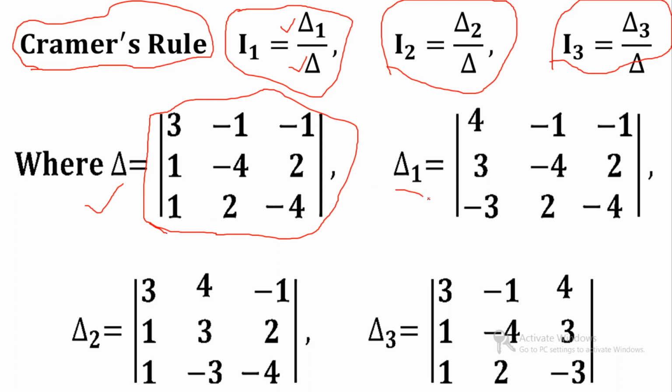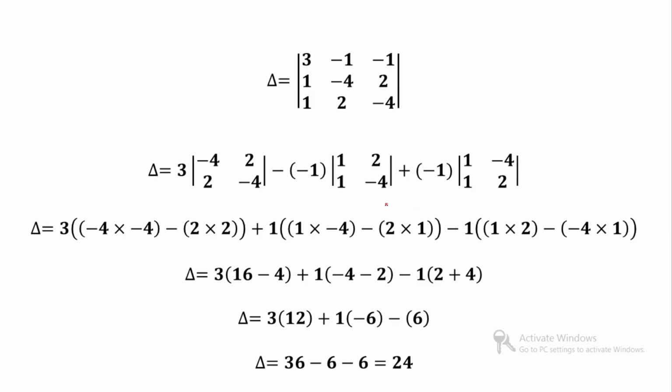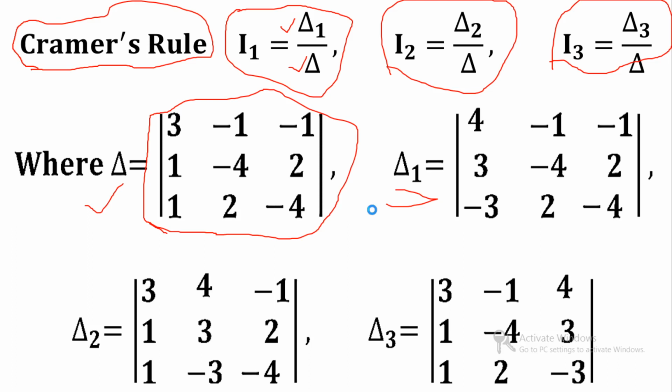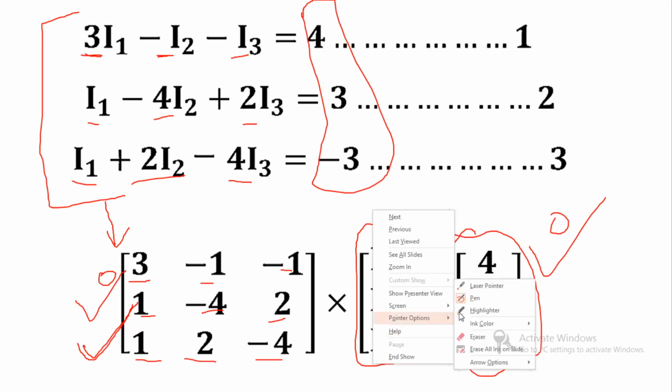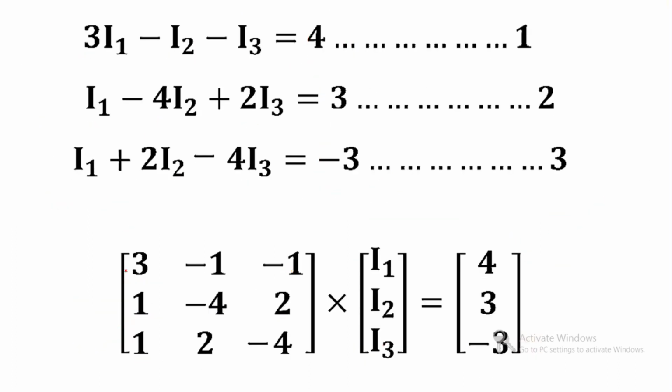Now, delta 1 is obtained this way: you have to replace the first column by this column. So you have to replace 3, 1, 1 by 4, 3, minus 3. So that is delta 1.